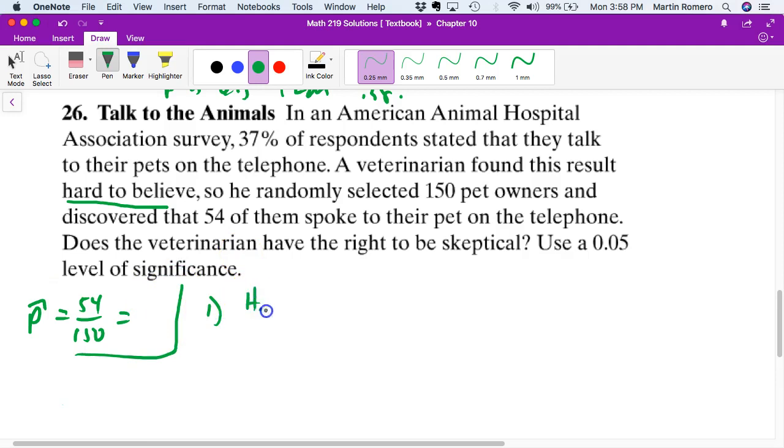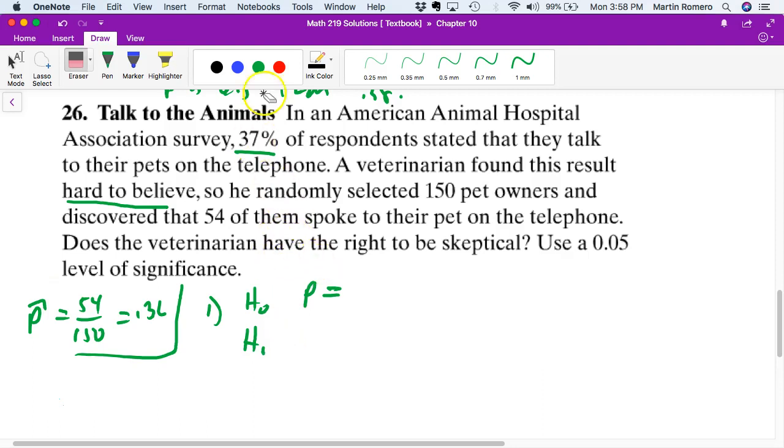Step 1 would be to write what the null hypothesis and alternative hypothesis are. And so we have, first let's calculate the p-hat and see if there's any evidence. He gets 0.36 and the hospital survey was 0.37. So is there evidence, right? I don't want to put it equals here. That's bad notation.